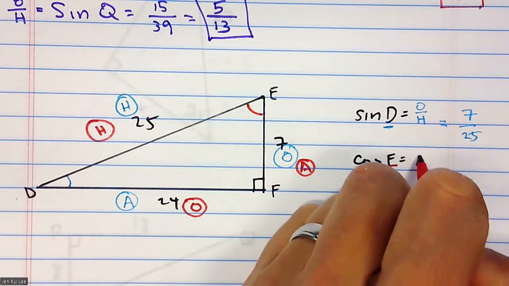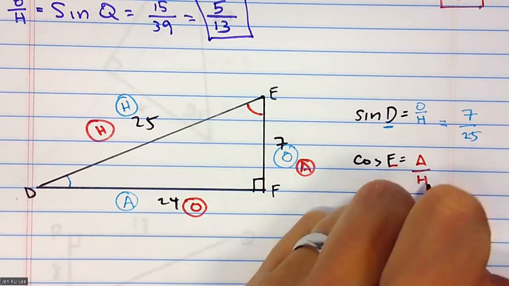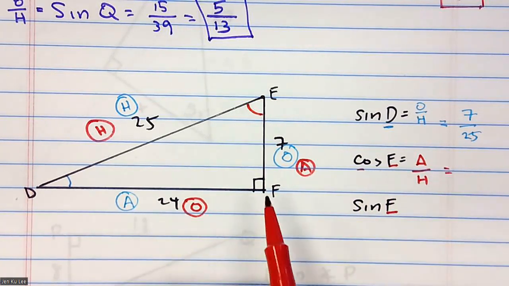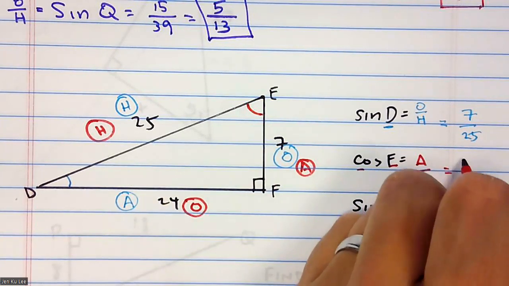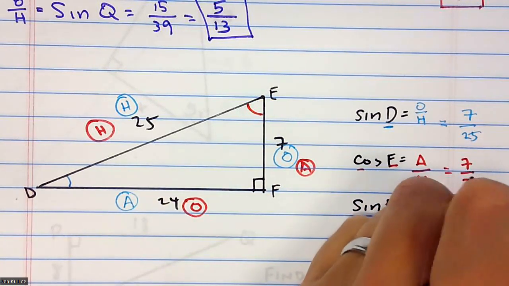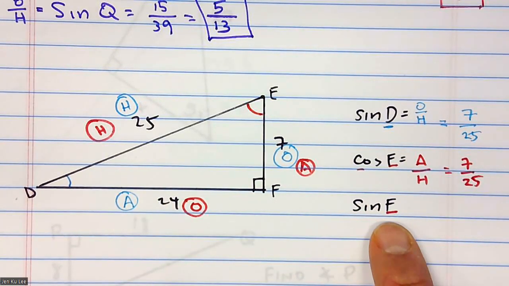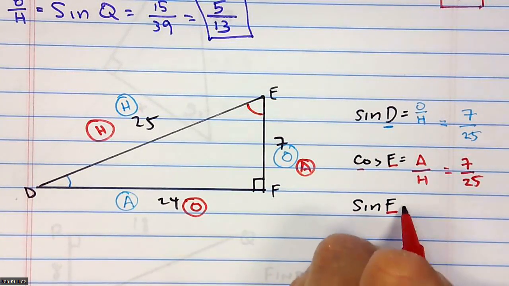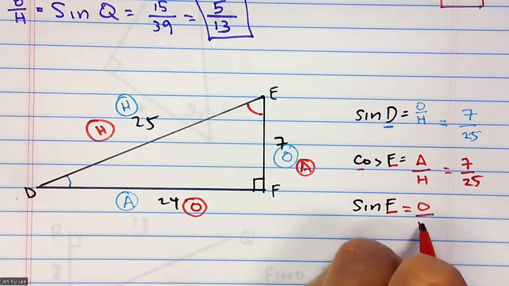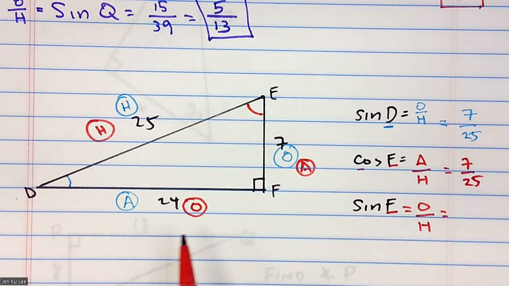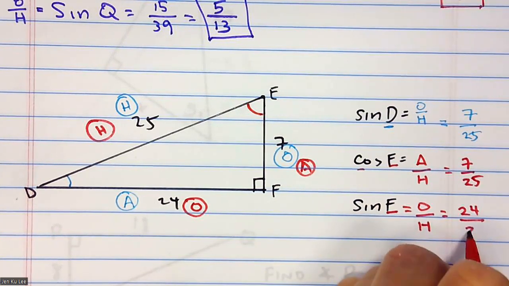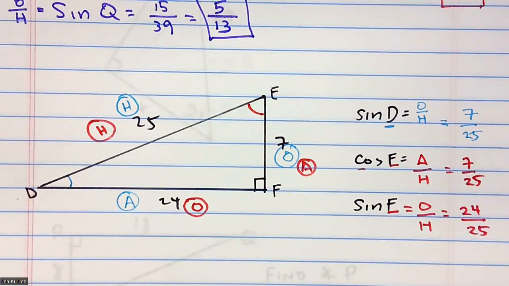Because it's cosine, CAH, so it's 7 over 25. Okay. Sine of E is opposite over hypotenuse again, because it's sine. So it's 24 over 25. Cool?